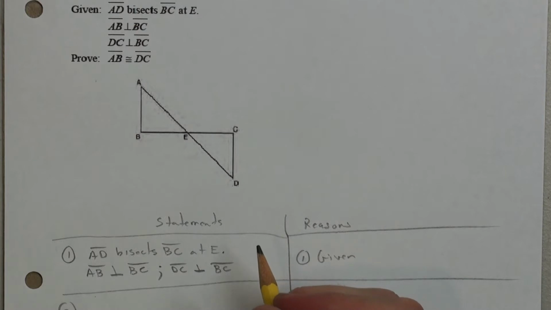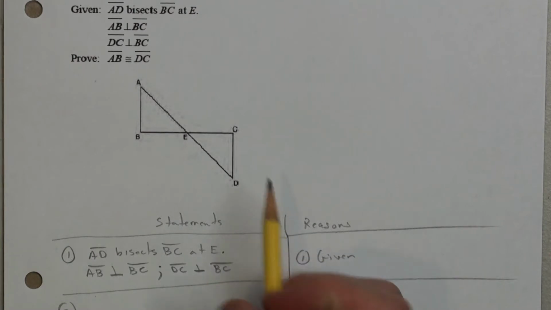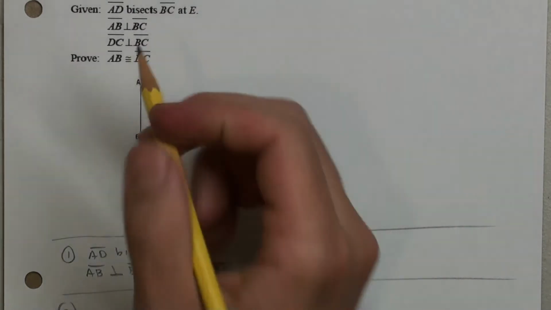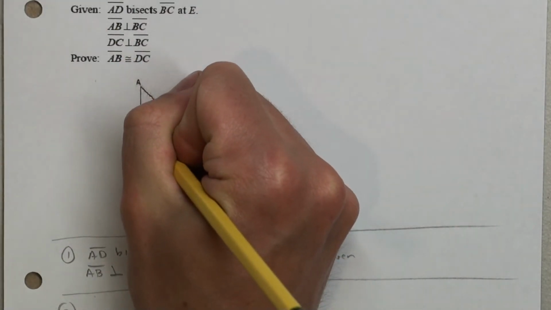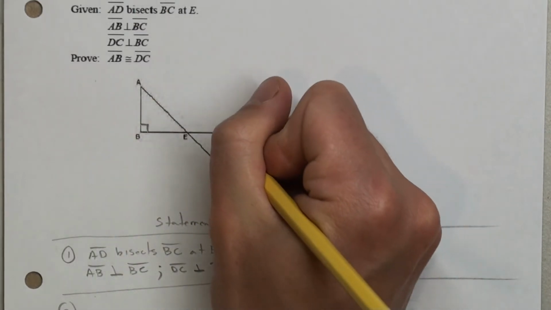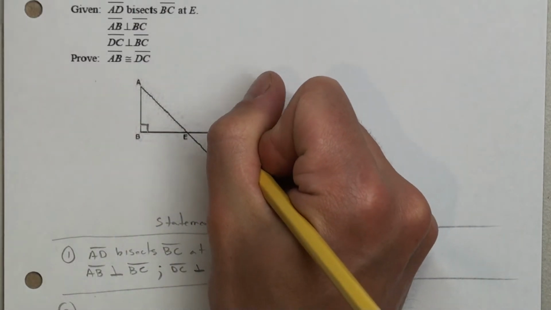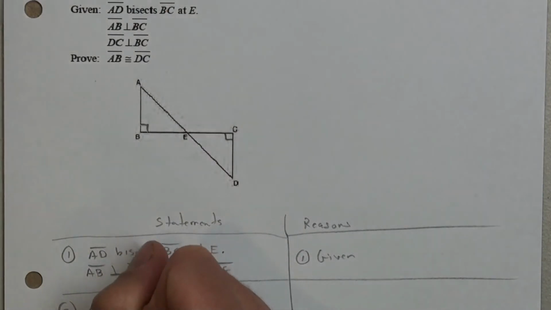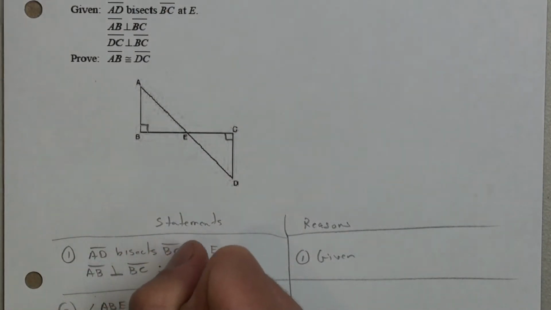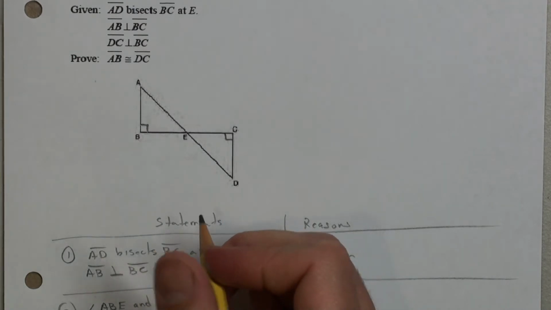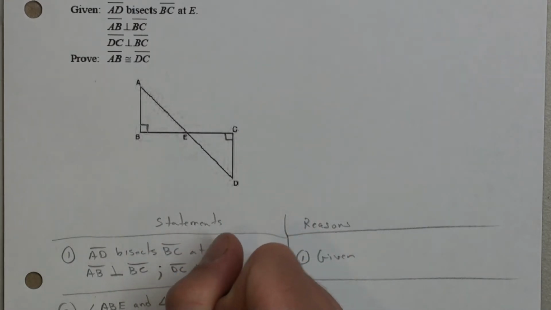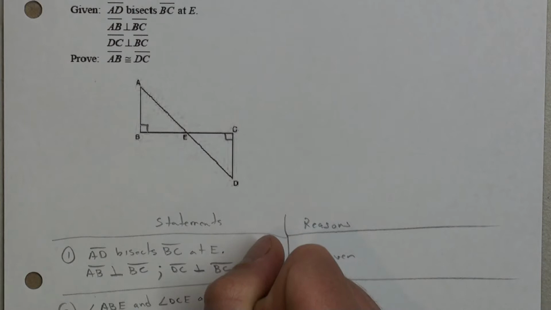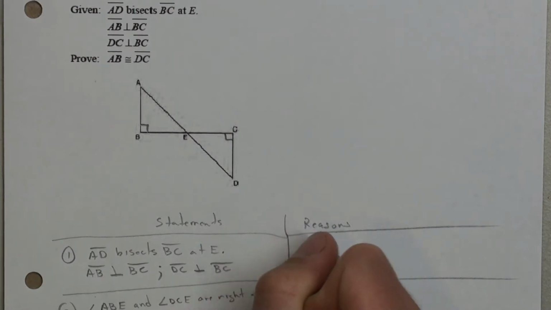So, one of the first things that we can say, since AB is perpendicular to BC and DC is perpendicular to BC, we can say angle ABE and angle DCE are right angles.